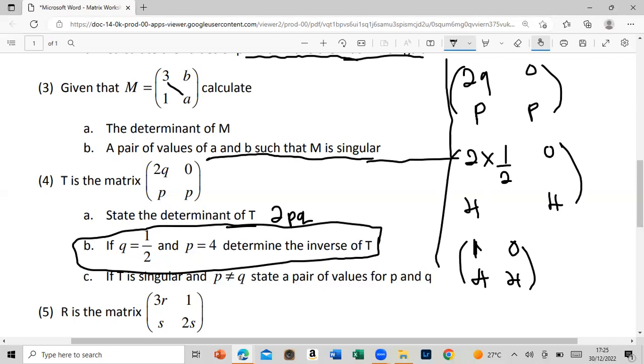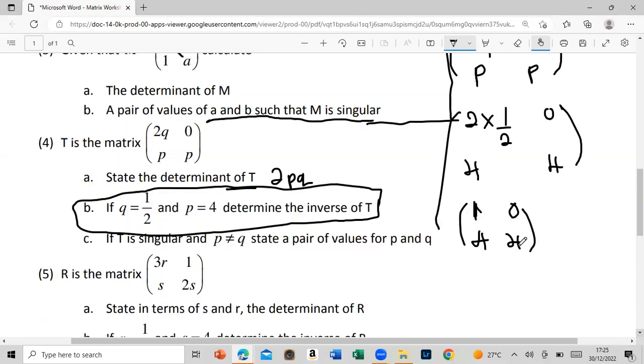I will walk you through the determinant first. 1 times 4 is 4, minus 0 times 4 is 0. I just want to show you a little step there. So in the end, you're going to get 4 minus 0. So for the determinant, it's 1 over 4.